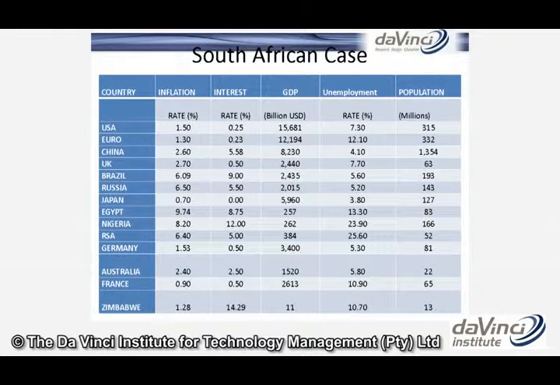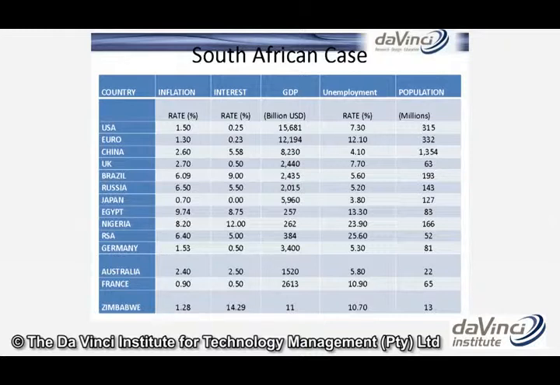US 350 million, 7.3%. So what would you say is the performance of South Africa in comparison with the other countries? What can you say, Marianne? Let's hear your interpretation of those figures. What do they say about South Africa?